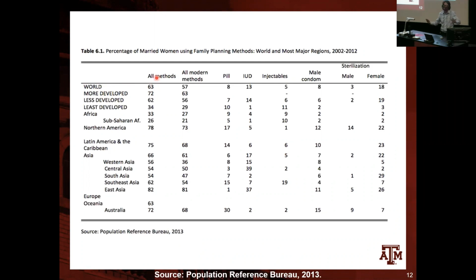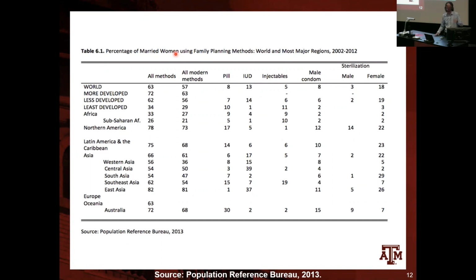I'm not looking at only modern methods, and I'm not looking at traditional methods, but any method: 63%. So it means that 37% of married women around the world are not using any method of family planning.